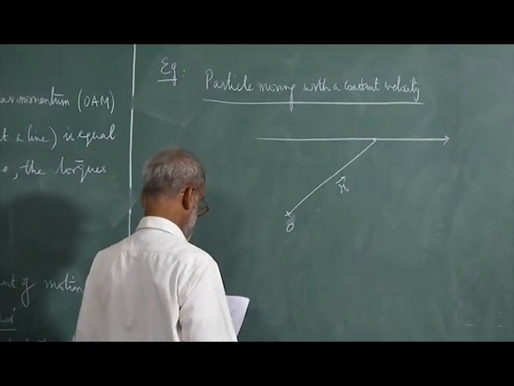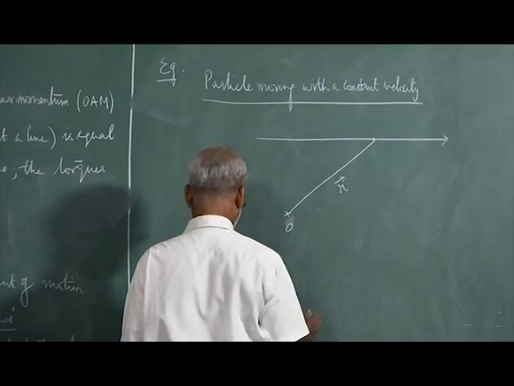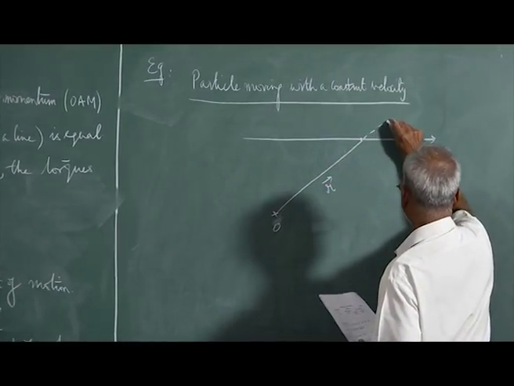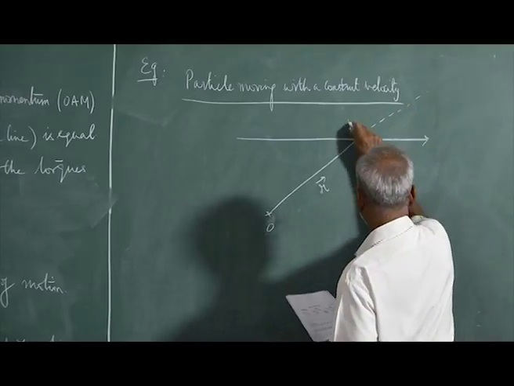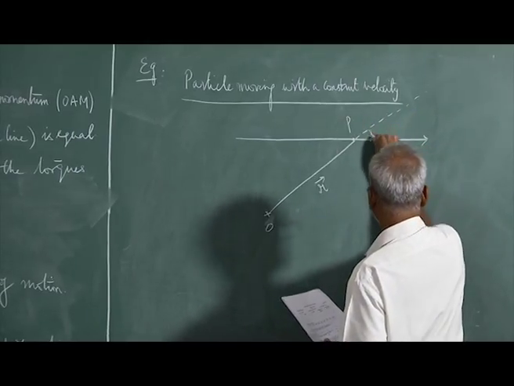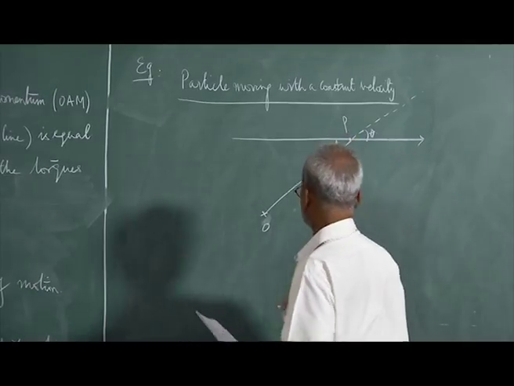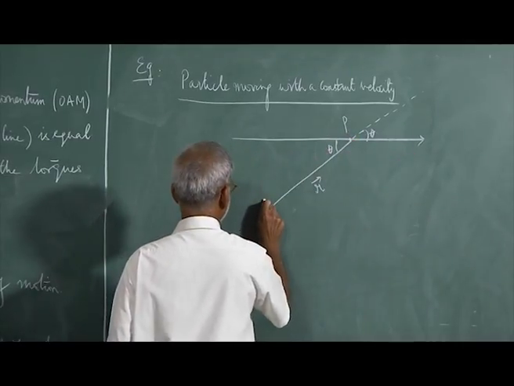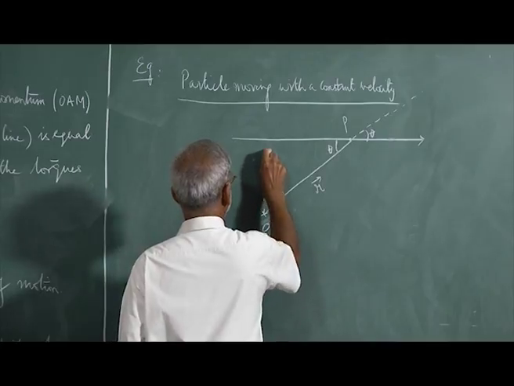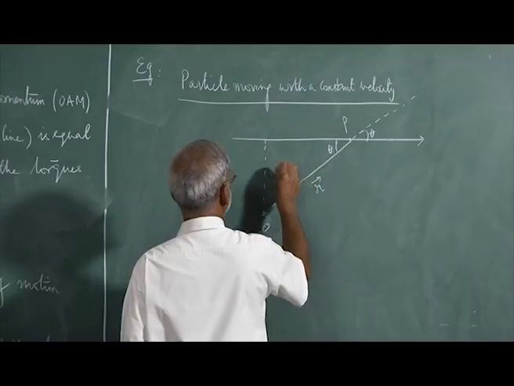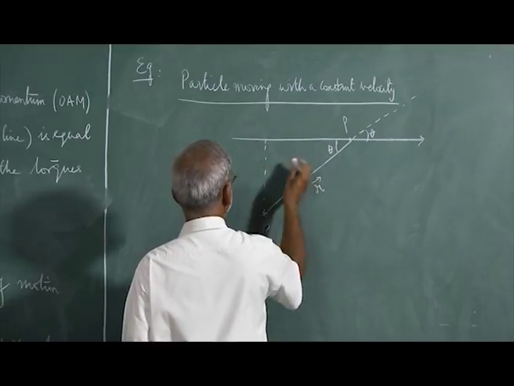Then I will produce this, sorry, this is the particle, this is theta, strictly speaking not necessary, we will see that. I will drop a perpendicular from here. So, this is r, therefore, this is opposite corresponding to sin theta.